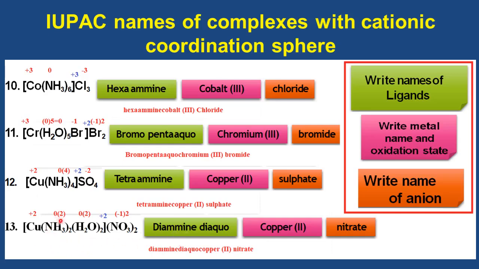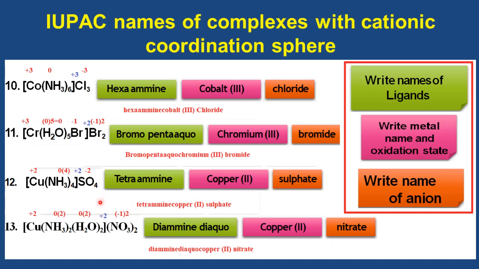So the oxidation state of copper is +2 because NO3 carries -1 charge and we are having 2 NO3s. So the net charge contributed by the anion is -2. So the charge on the cationic portion must be +2, and it is only possible if copper is in +2 oxidation state. So the name is diamine diaqua copper 2 nitrate.